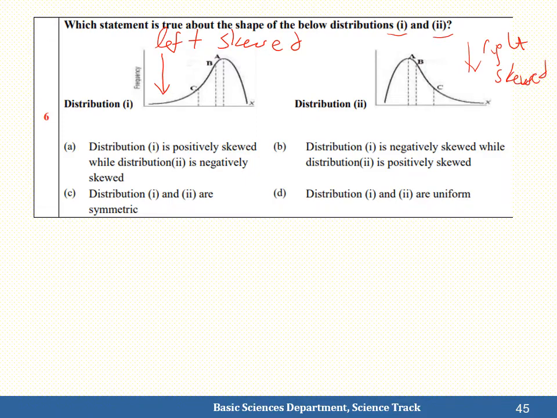Left skewed also means negatively skewed, which is a synonym, and right skewed means positively skewed.